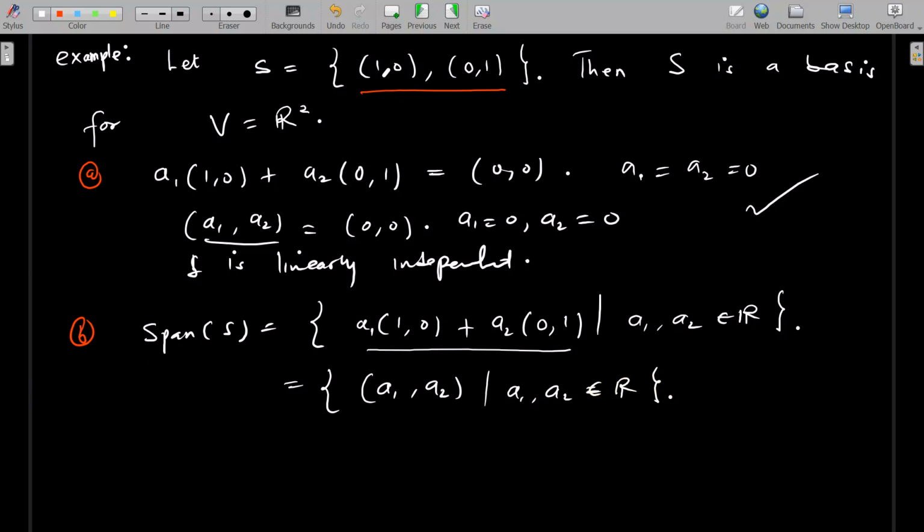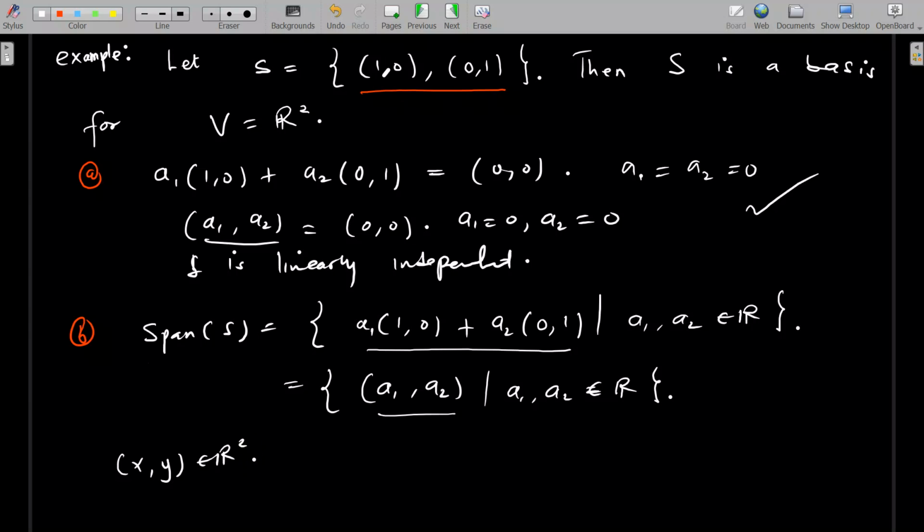Now what I'm going to do is pick a general vector in R2 and show that that vector can be written as a linear combination of the elements in this set S. Okay, so I pick a general vector (x, y) in R2.